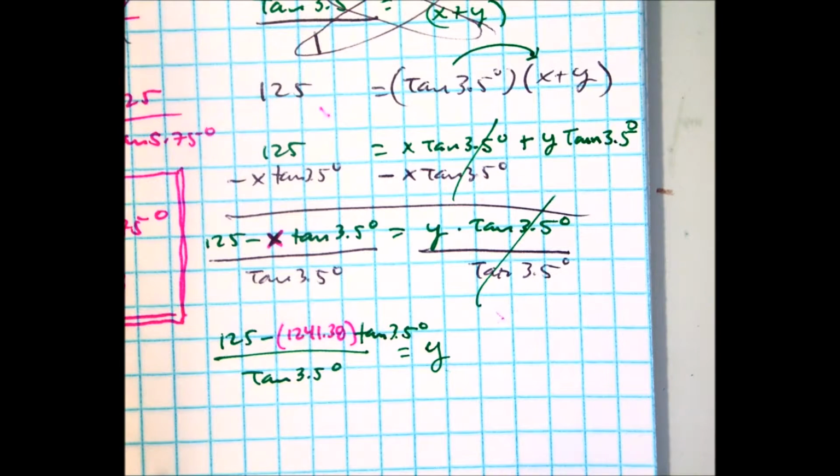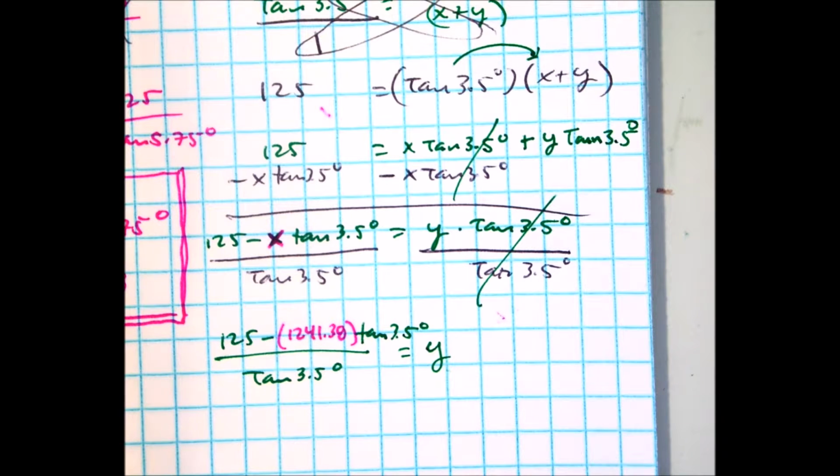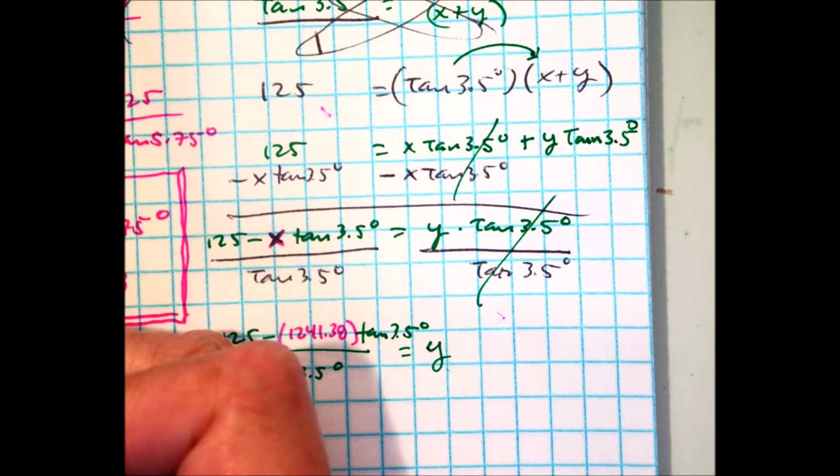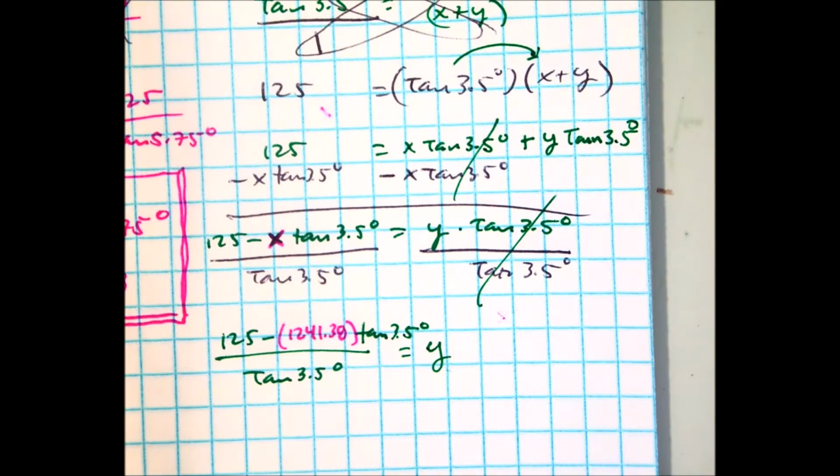So I'm going to do 125, lots of parentheses, minus, this is all of that, so I'm going to do 1,241.38 times the tangent of 3.5. Notice I have 3 open parentheses, 1, 2, 3, 3 closed parentheses.